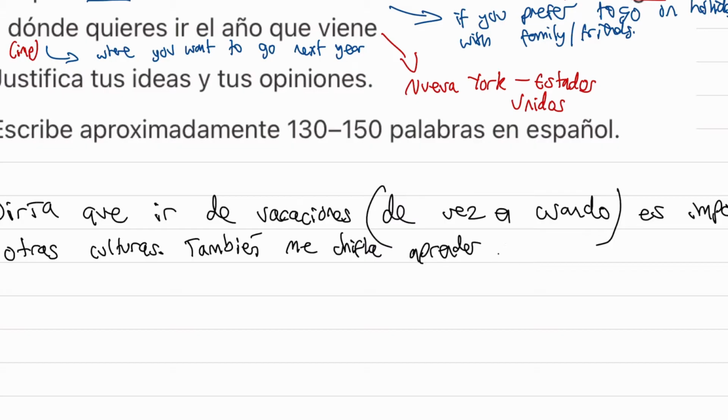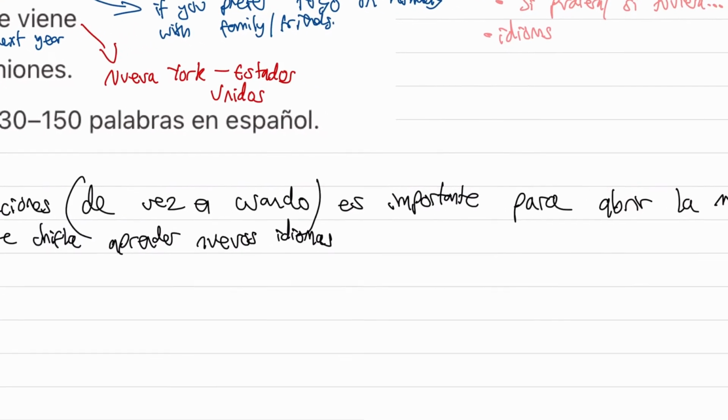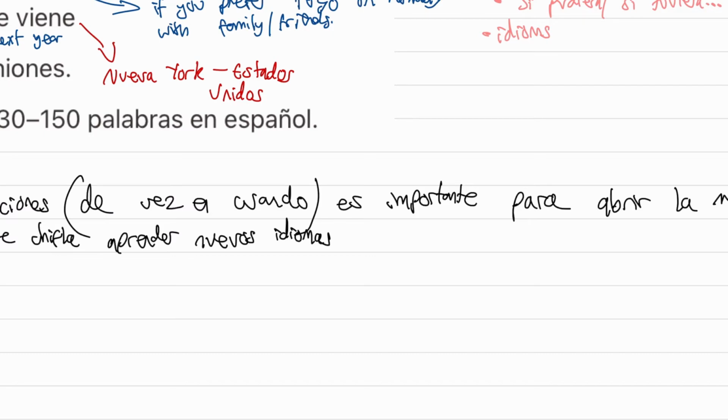like new languages. I'm going to use idiomas, so nuevos idiomas. Idiomas is a masculine noun, even though it ends in a or as. Nuevos idiomas y practicarlos, practice them. So I'm using a direct object pronoun.